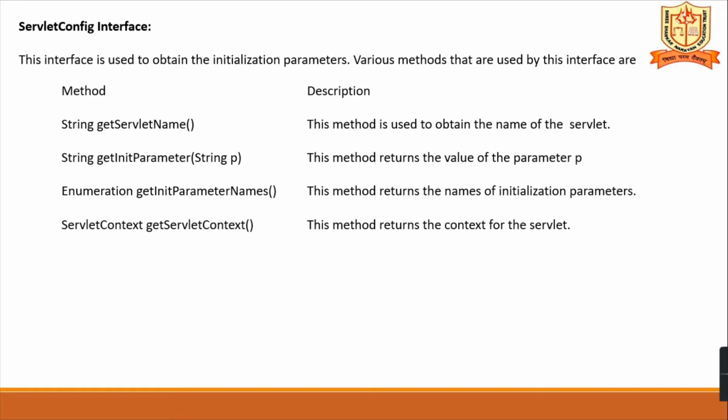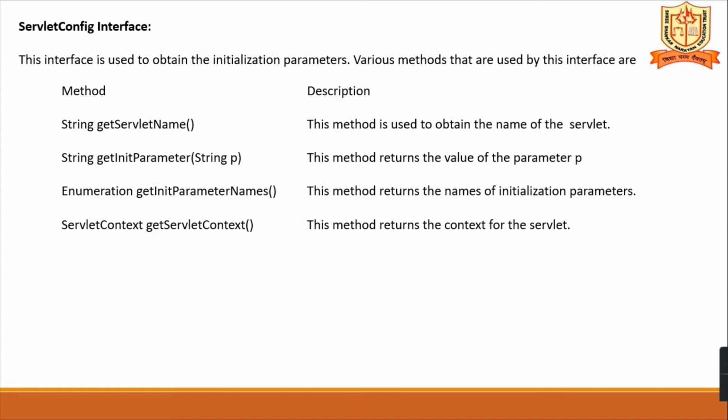When the parameters are more than one, then you should use this Enumeration getInitParameterNames. This method returns the names of the initialization parameters, and getServletContext returns the context of the servlet. So ServletConfig objects are generated when the servlet is created.